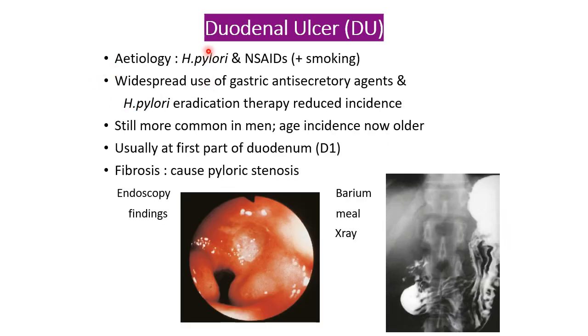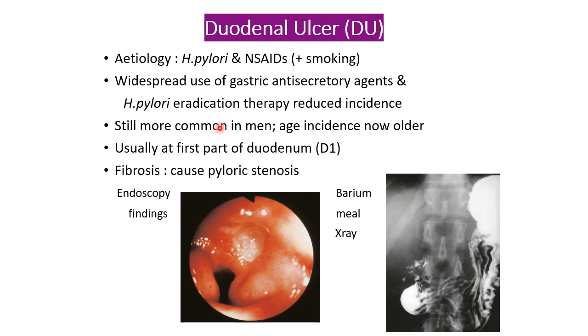The next thing is duodenal ulcer. Its etiology is the same as gastric ulcer: H. pylori, NSAIDs, and smoking. With widespread use of anti-secretory agents and H. pylori eradication, the incidence of duodenal ulcers has reduced of late.